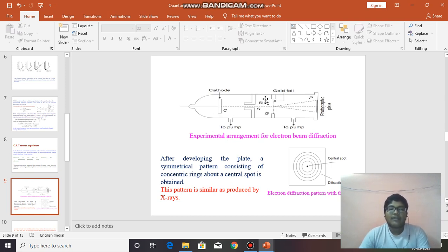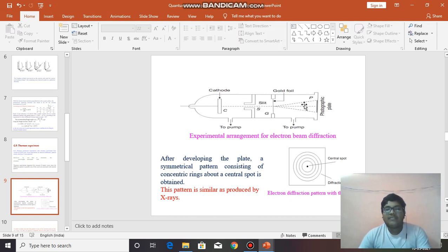He had placed a cathode and a gold foil in between. He made a slit with a small gap, and he put the whole setup in a vacuum. After developing the plate, a symmetric pattern consisting of concentric rings about a central point is obtained.